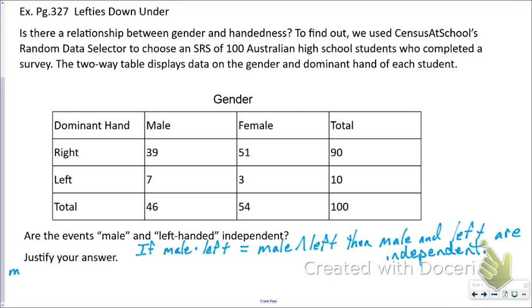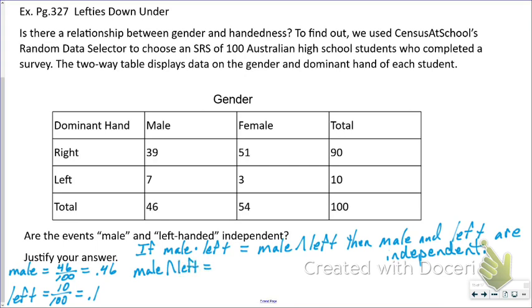So first, probability of male is 46 out of 100. 100 is a nice total, isn't it? Probability of left is 10 out of 100. And then the other probability we're going to need to compare is the intersect.